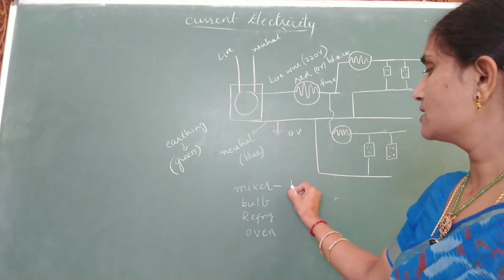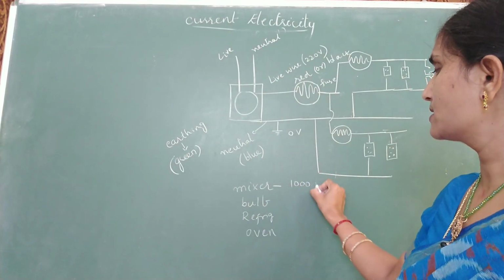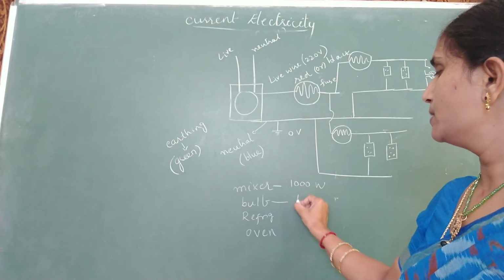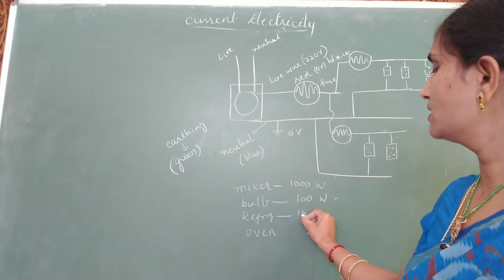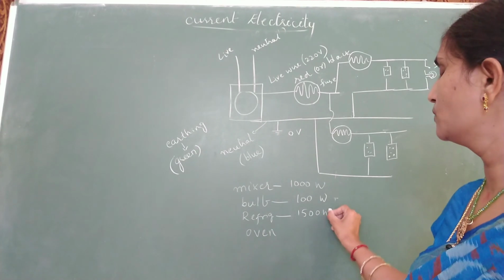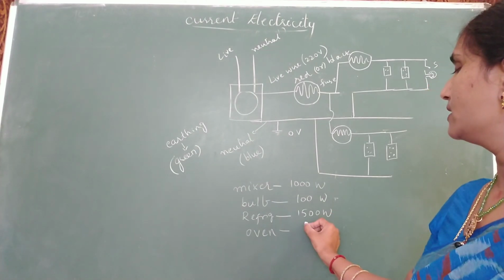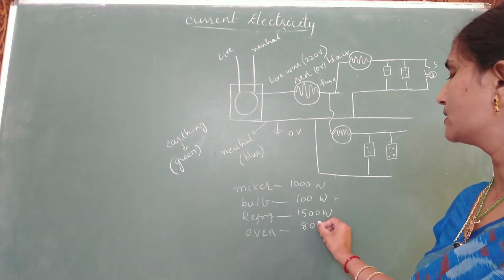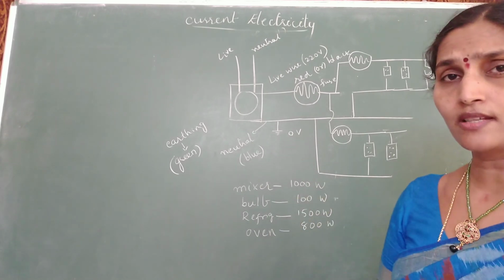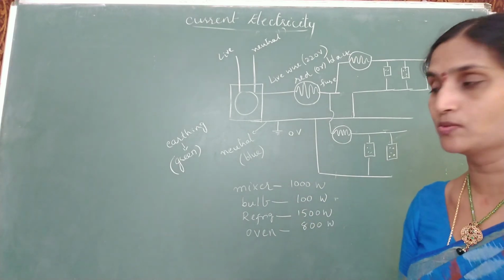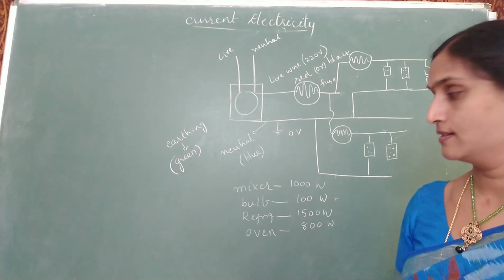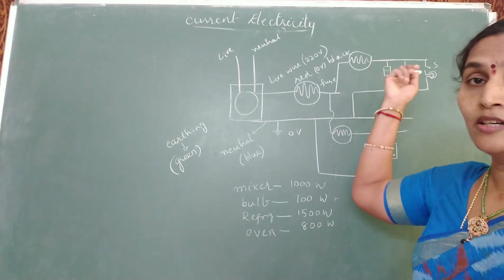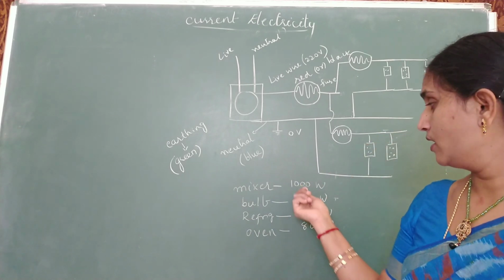Say the mixer is a 100-watt device, the bulb is another 100 watt, the mixer is 1000 watt, the refrigerator I am taking as 1500 watt, and the oven I will take as some value, 800 watt. Whatever wattage you are using, what is the total power you are consuming in the kitchen? Are they connected in parallel combination? Yes, all of them are in parallel.